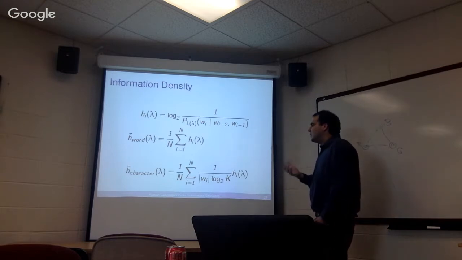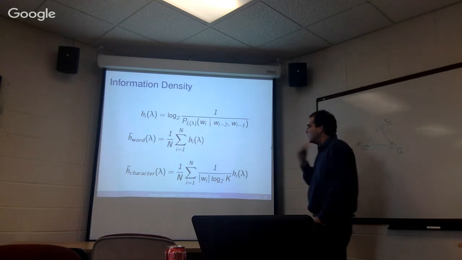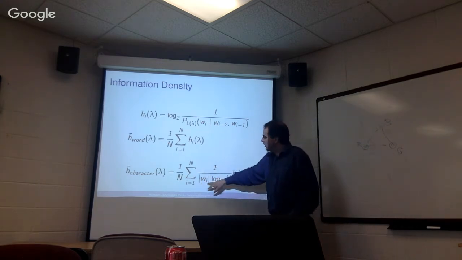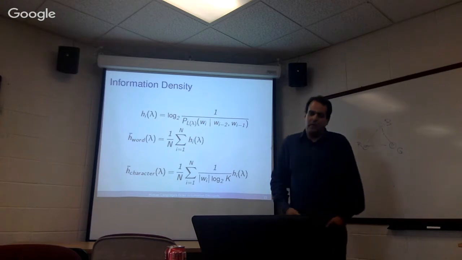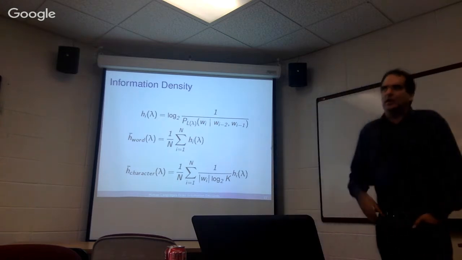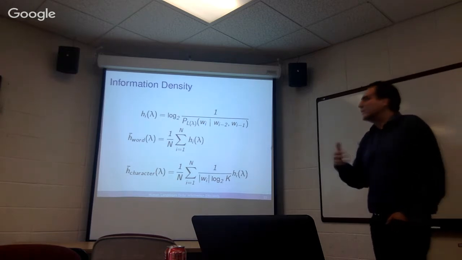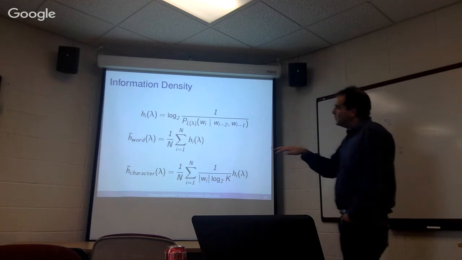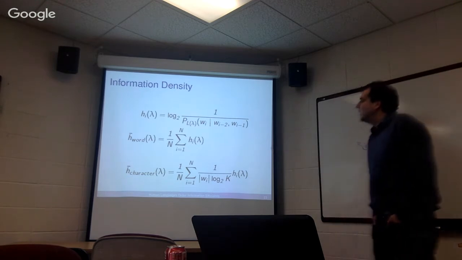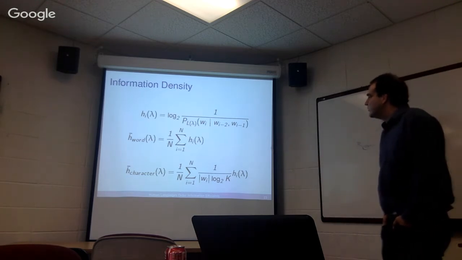And then there's also the question of how long the words are. So this is normalized to adjust for the length of the word. The idea would be that if the word is longer, people have more time to process that word, so it would make sense for information to be spread out over time. And that depends on the length of the word.